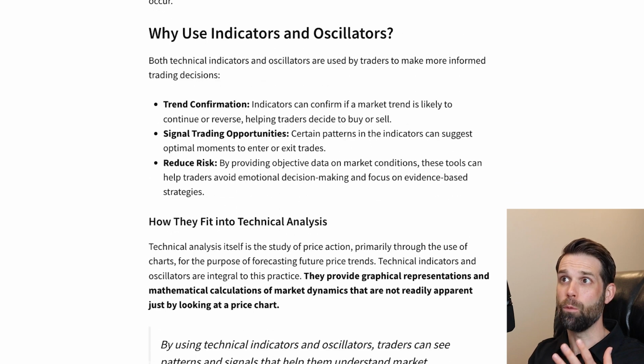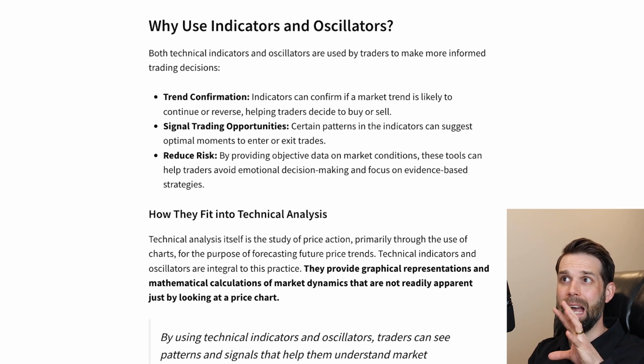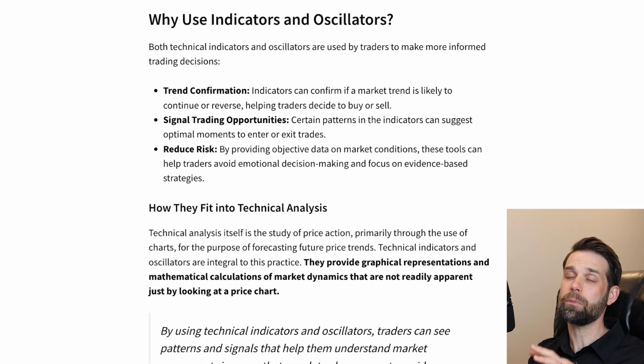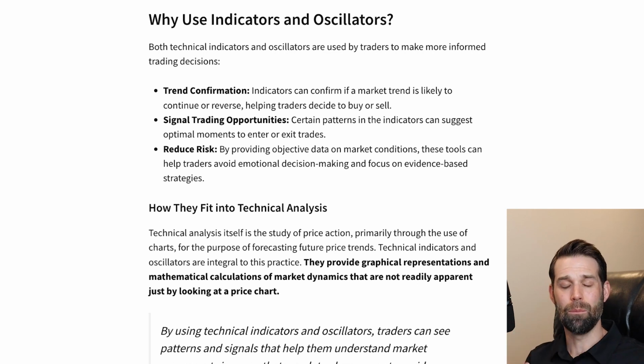So when and why are these oscillators and indicators used? Most commonly for trend confirmation. These indicators can help you confirm that the market trend is either going up or going down. They can also signal trading opportunities.